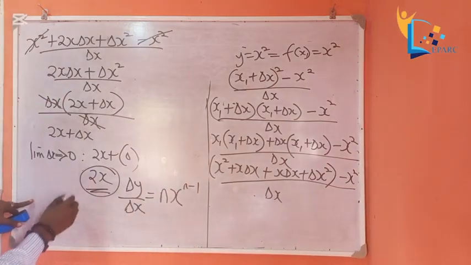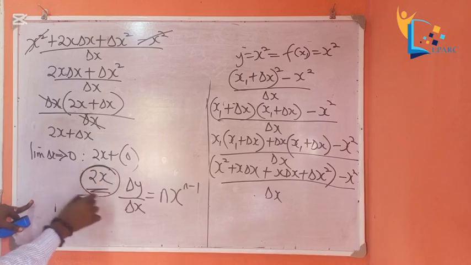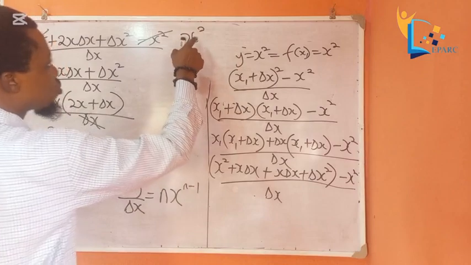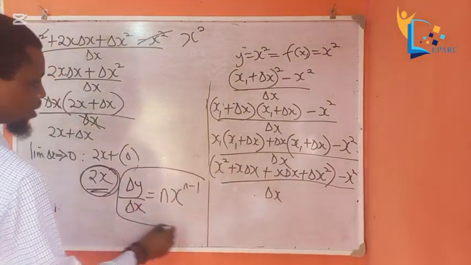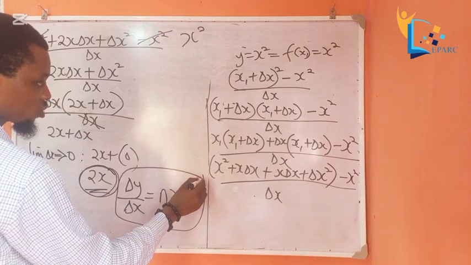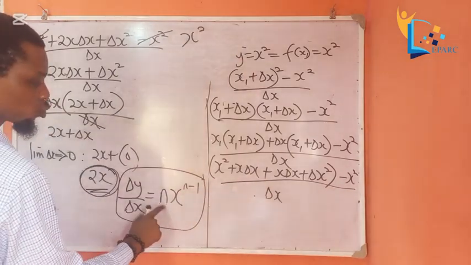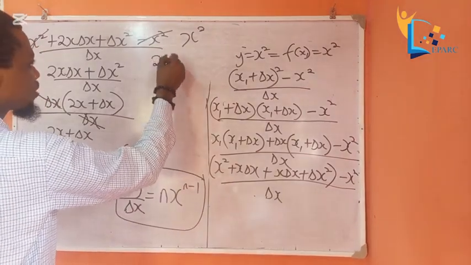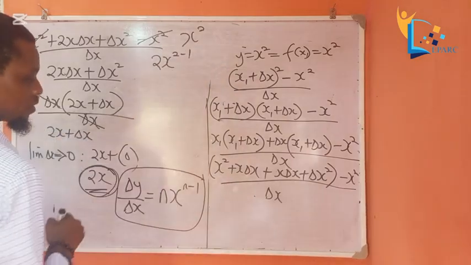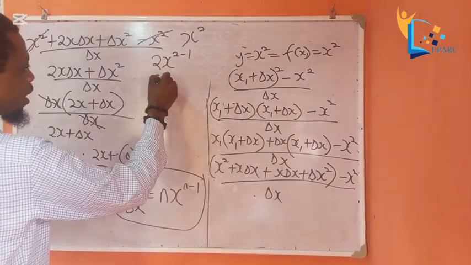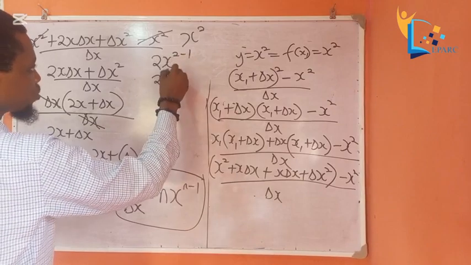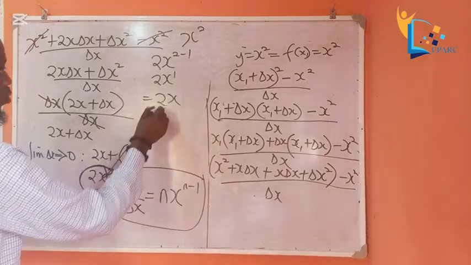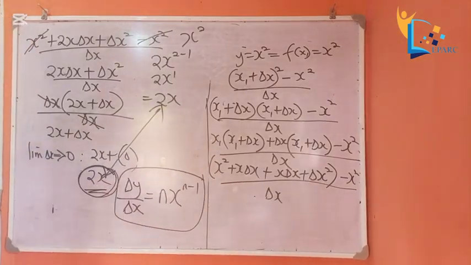Now, from our question, we have x squared. Using the differentiation by rule formula, we have 2x raised to power 2 minus 1. So 2x, 2 minus 1 is 1, which is equal to 2x. And that's the same answer we got using differentiation from first principle.